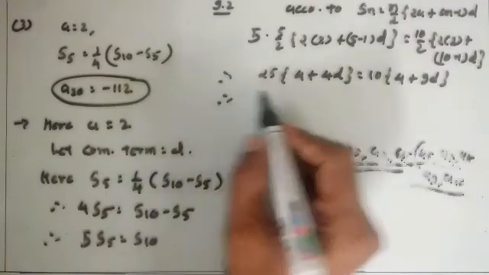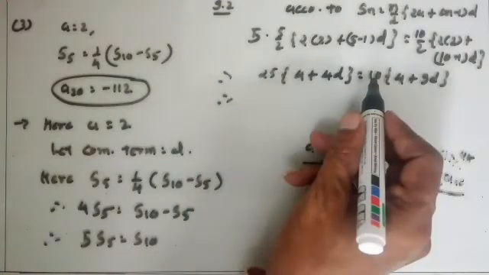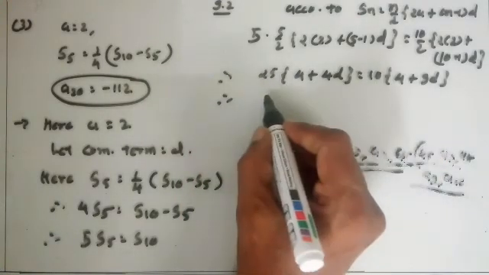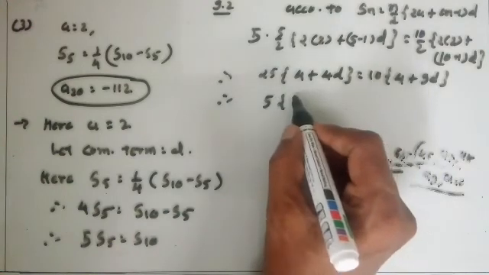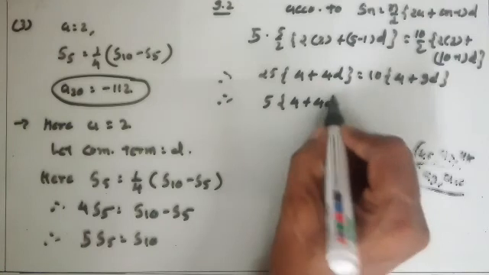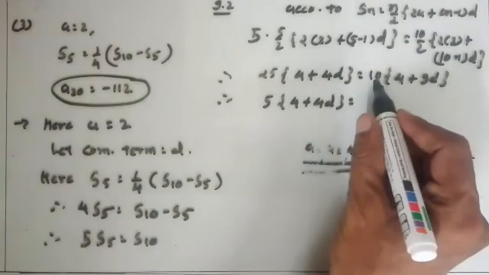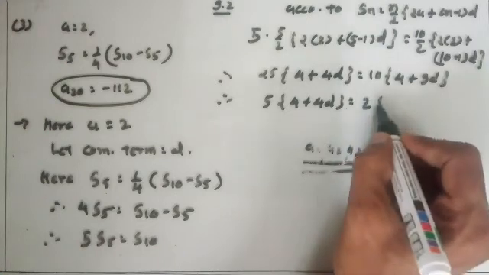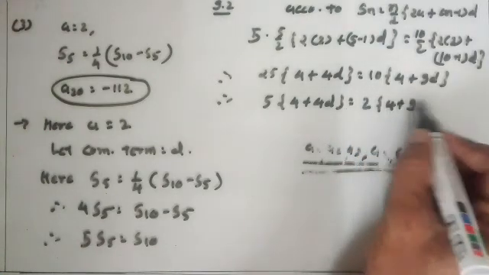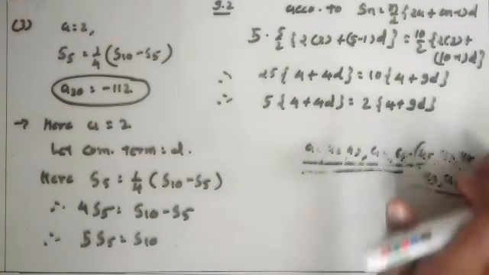Now simplify this, dividing by 5 on both sides. Here we get 5 into 4 plus 4d is equal to, dividing by 5, we get 2 into 4 plus 9d. Clear?